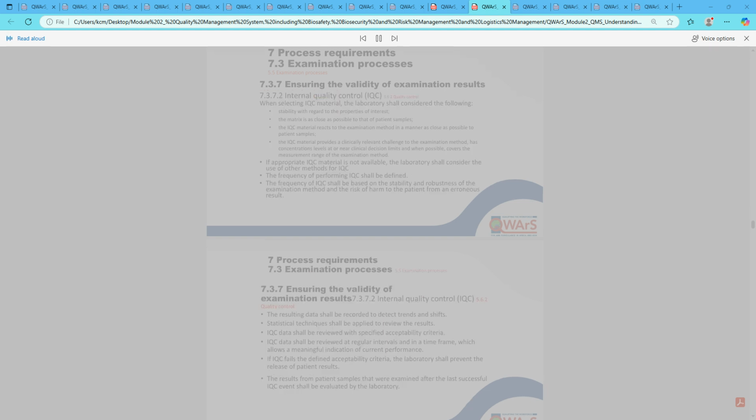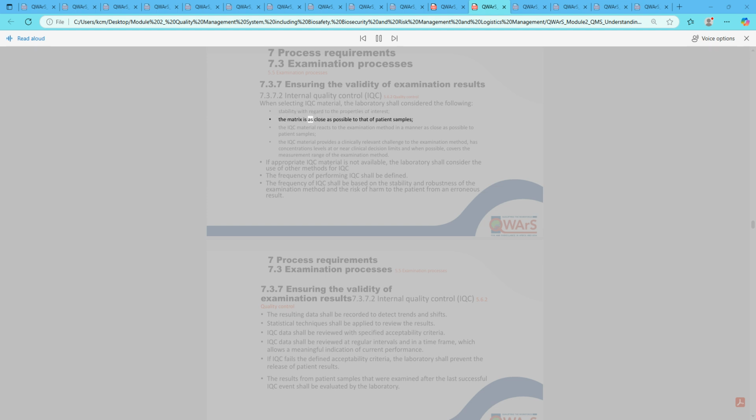7 Process requirements, 7.3 Examination processes, 5.5 Examination processes. 7.3.7.2 Internal quality control, IQC, 5.6.2 Quality control. When selecting IQC material, the laboratory shall consider the following: stability with regard to the properties of interest.